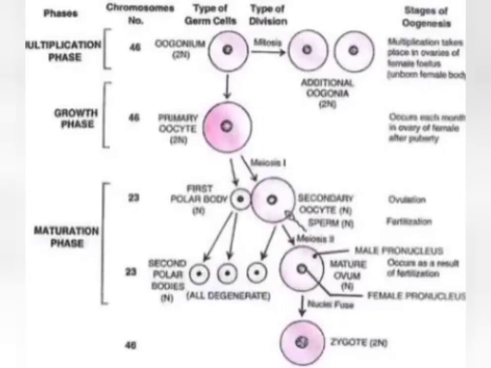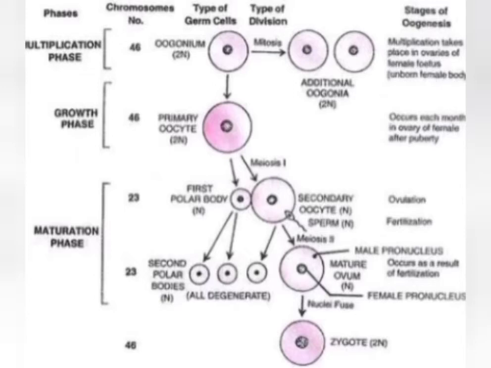So this is the diagrammatic presentation of the oogenesis process, in which we can see the multiplication phase, growth phase and maturation phase. During the multiplication phase, the oogonium undergoes mitotic division, by which it forms the primary oocytes and some additional oogonia. Then the growth phase takes place, and during this growth phase, the primary oocyte grows in size.